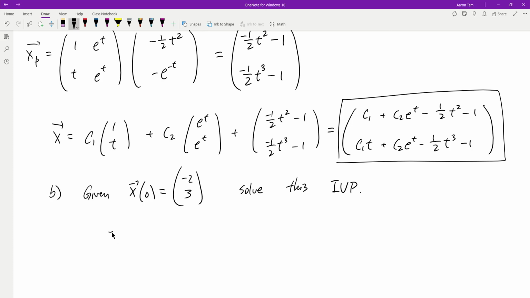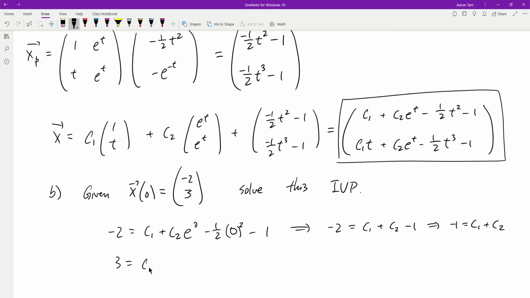So that implies negative 2 equals c1 plus c2 times 1, because e to the 0, minus 1/2 times 0 squared, minus 1. So that just tells me negative 2 equals c1 plus c2 minus 1, which means negative 1 equals c1 plus c2. That's pretty good. Second equation, when I plug in 0, I get 3.